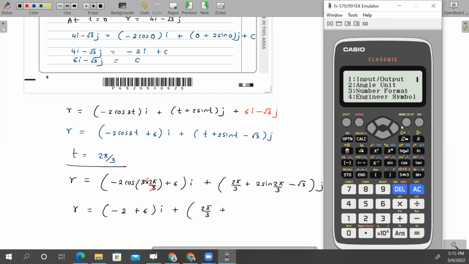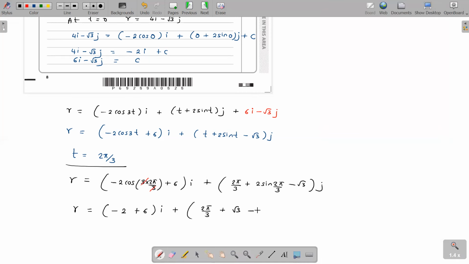So the calculator must be in radian mode, right? Sine 2 pi over 3 gives me root 3 over 2. So that times 2, because it's 2 sine 2 pi over 3, gives me a positive root 3. And outside there's another negative root 3.